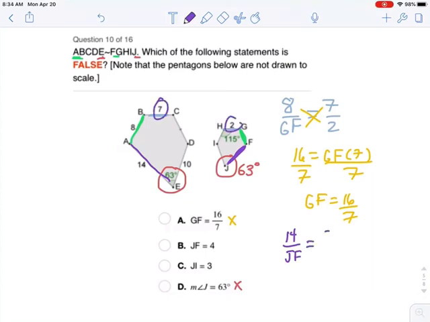That was nice. We already found that one. 7 over 2, so we'll use it again. 28 equals 7 times JF. And we can quickly see that JF is going to be 4. So I found A, B, D all to be true, so I guess JI will be the false one. I'm not even going to spend time to calculate it. It has to be it. It's the only one left. Process of elimination.